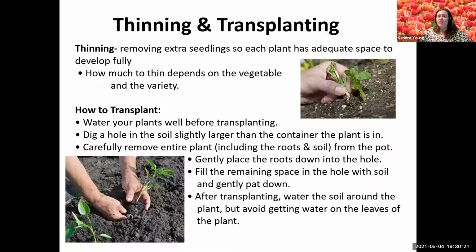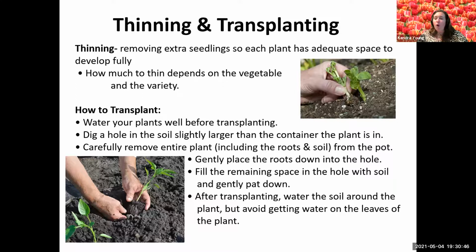So thinning and transplanting is removing the extra seeds so they have adequate space to fully develop. How much you thin depends on what type of vegetable and what variety. When you transplant anything from the seeds you may have started, always water the plant first before you take it out of its original container.